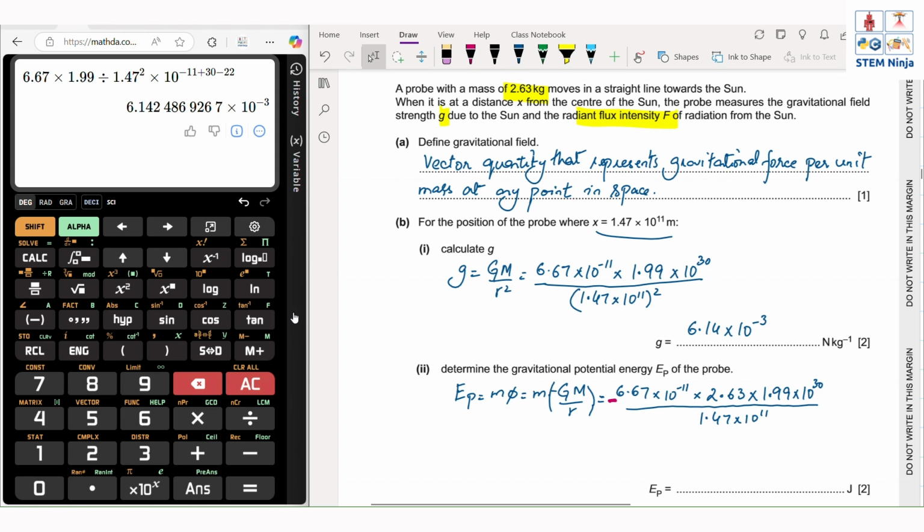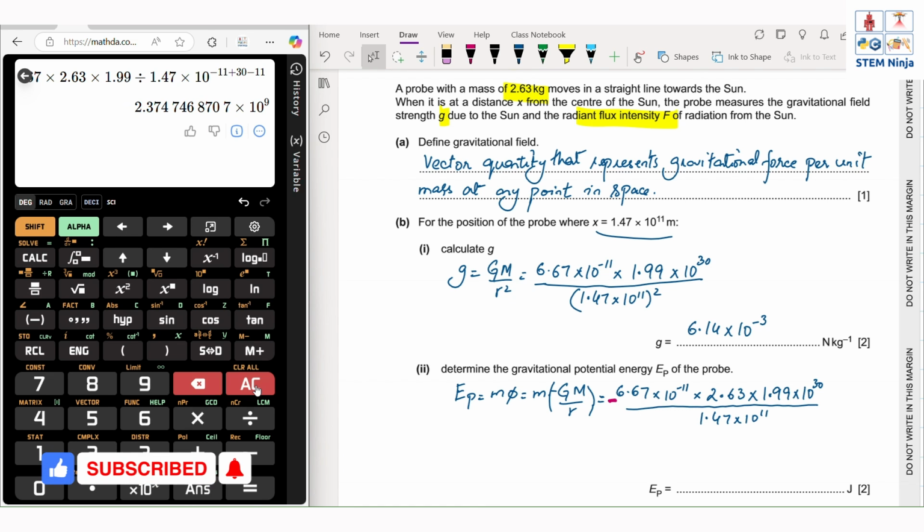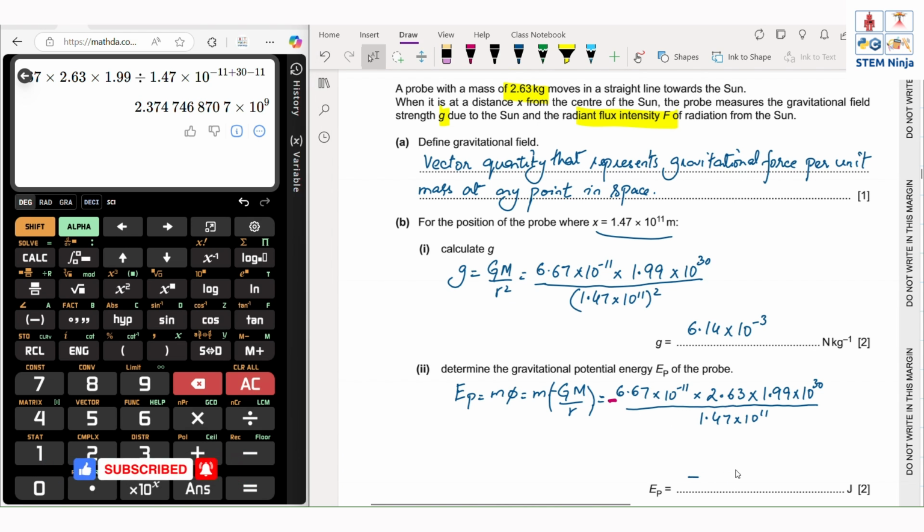All right, now we calculate this: 6.67 times 2.63 times 1.99 divided by 1.47, and the powers of 10 are minus 11 plus 30 minus 11. You get minus 2.37 times 10 raised to power 9 joules.